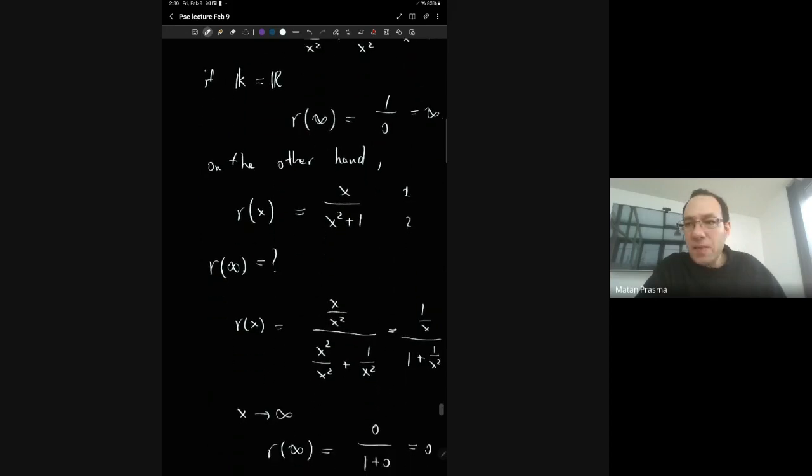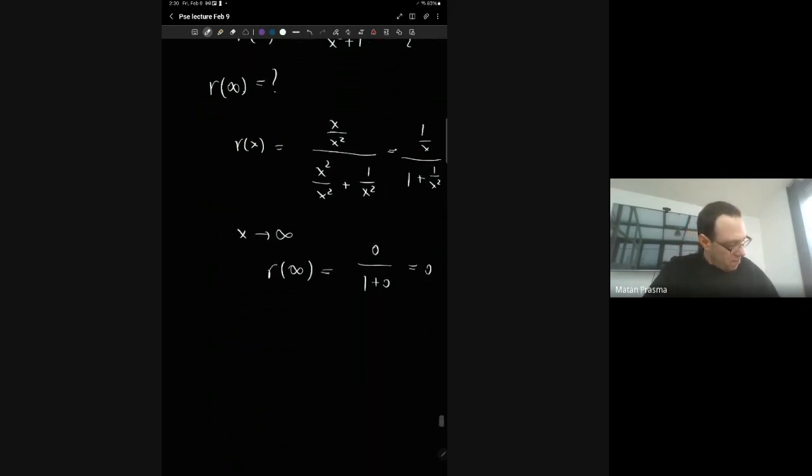And what happens in the case of polynomials of equal degree? If R is, let's say, x squared plus 2 divided by 3x squared plus 4x plus 1.